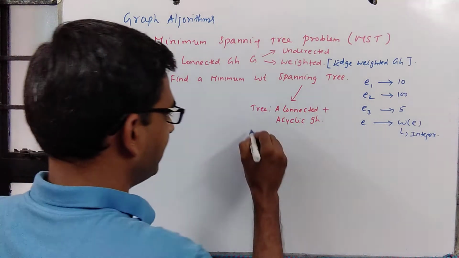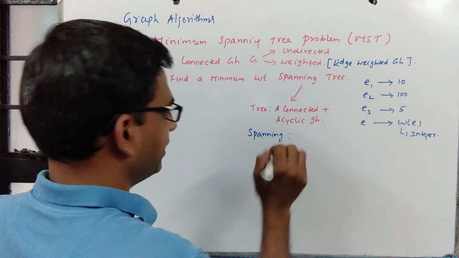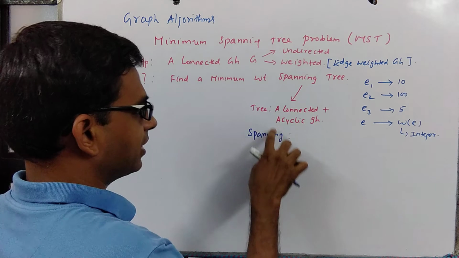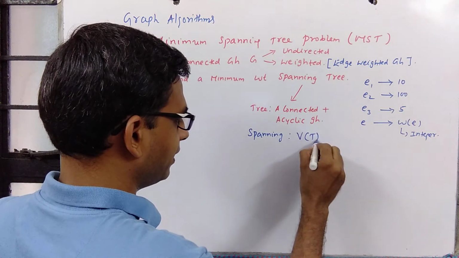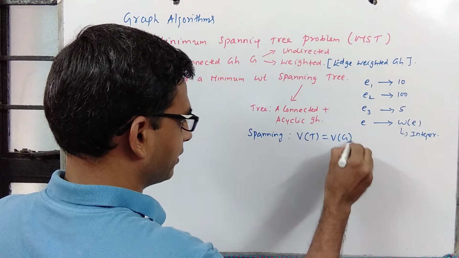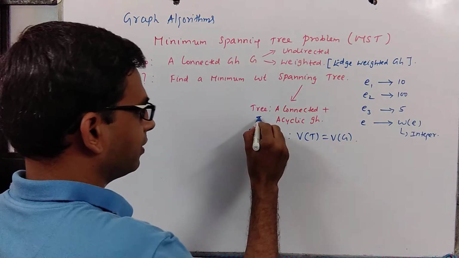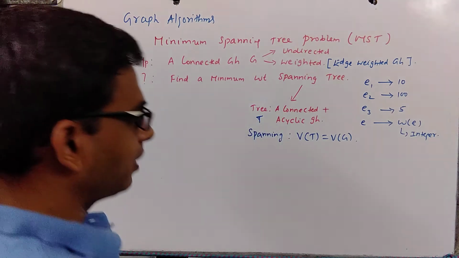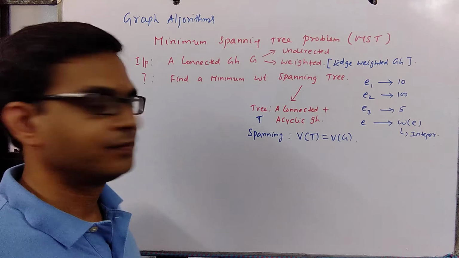When we say spanning, then the tree must contain all vertices of G, which means the vertex set of T is the same as the vertex set of G. So a tree T spanning all of G is called a spanning tree.